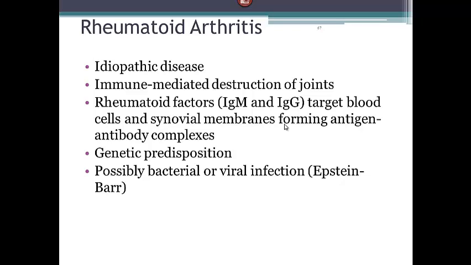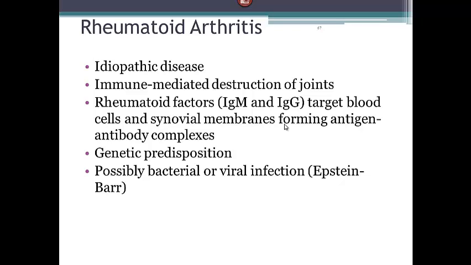The most common joints are the wrist and the metacarpophalangeal, and this is a symmetric inflammation leading to progressive destruction of articular structures, usually accompanied by systemic manifestations. Again, it's an autoimmune disorder.